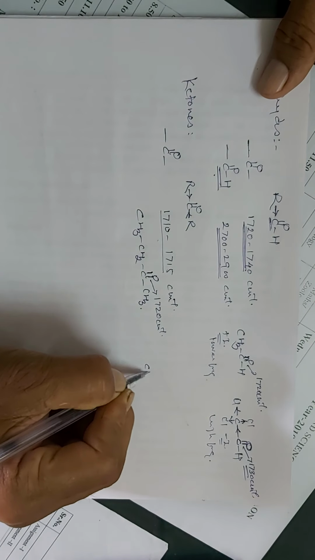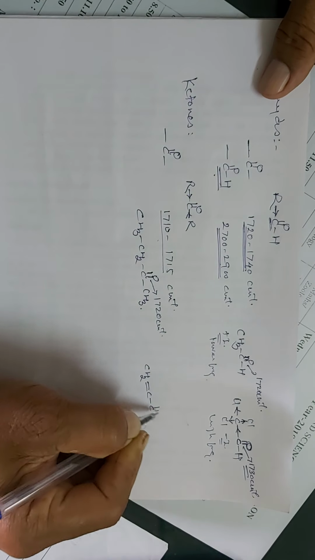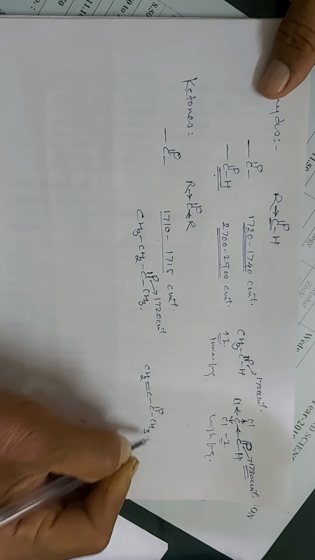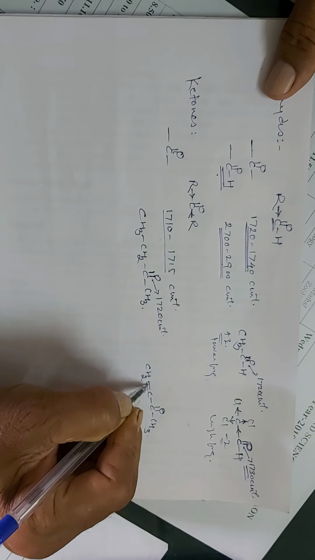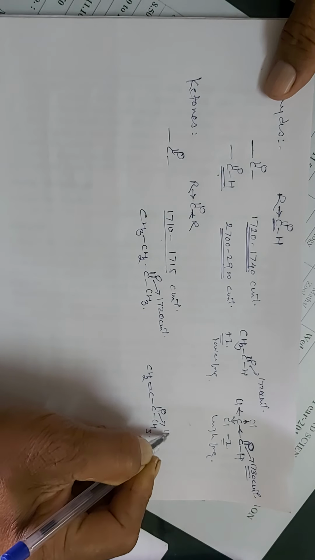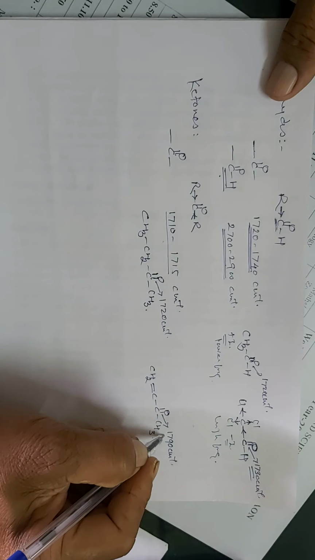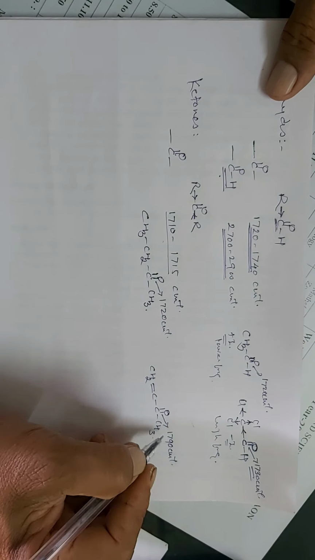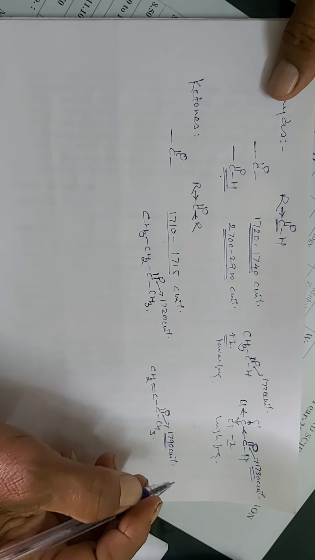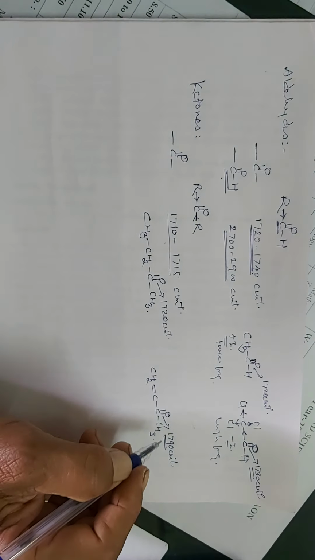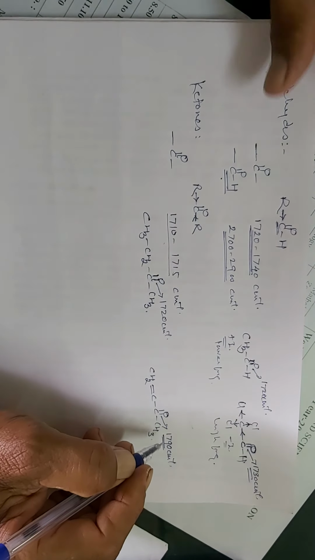But if there is a slight change in the structure, that is, if there is conjugation in this molecule, the carbonyl stretching frequency shifts towards a higher frequency, 1790 reciprocal centimeter. So the absorption frequency may vary depending upon the nature of the structure.